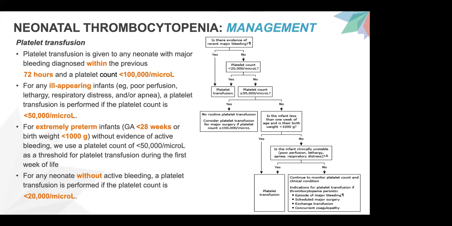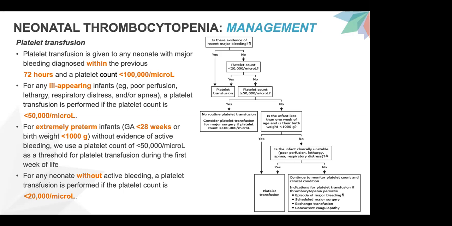So in the case of healthy neonates without any active bleeding, we can start when the platelet count is less than 20,000 per microliter. But I think the take home message is that the reason we start platelet transfusion depends on the severity of thrombocytopenia and also the risk of bleeding.